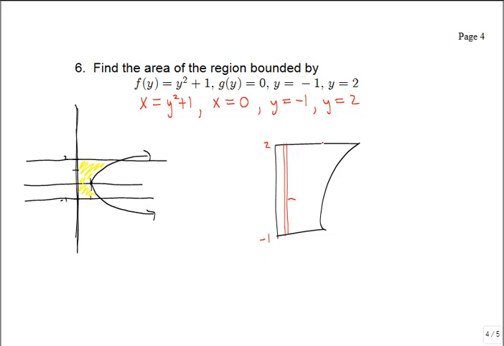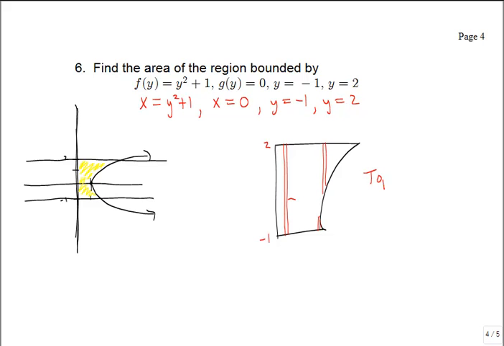But when I go over here, what's on top is this 2, and what's on the bottom is this curve. And if I come down here, on top I'm on that curve, and on the bottom I'm at negative 1. So there's a lot of changes going on in terms of what's on top and what's on bottom, and for each change you would need a new integral. That makes this kind of tricky in terms of top minus bottom.